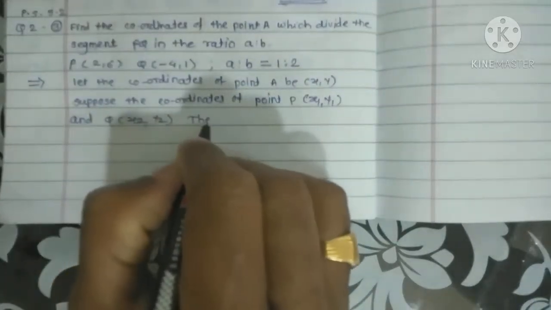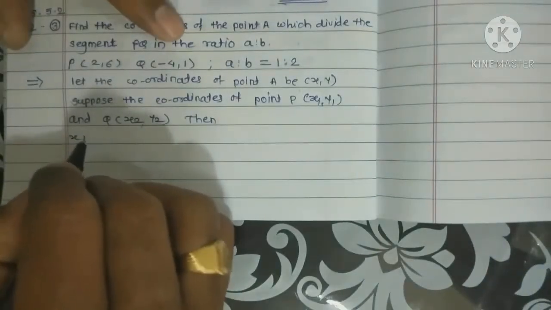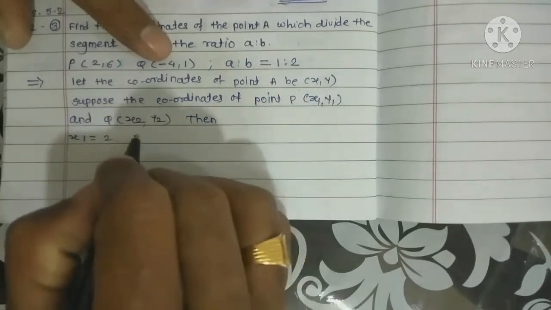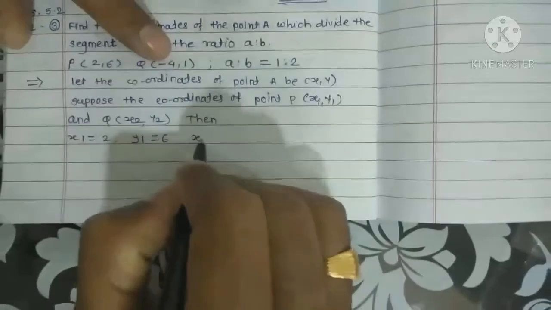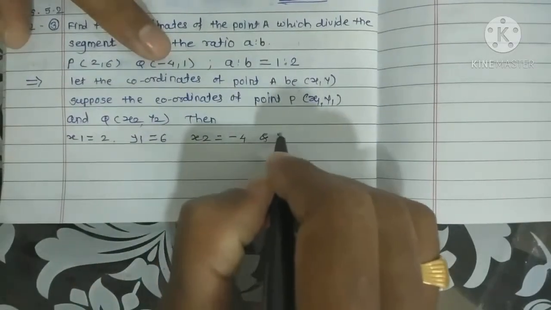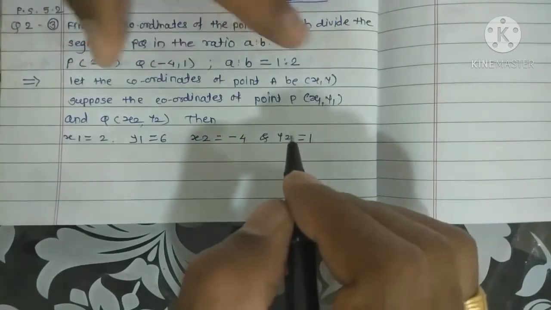Then x1 is equal to 2, y1 is equal to 6, x2 is equal to minus 4 and y2 is equal to 1.